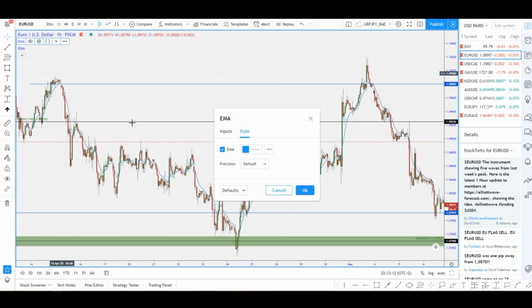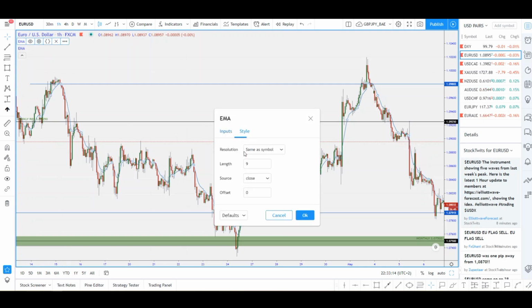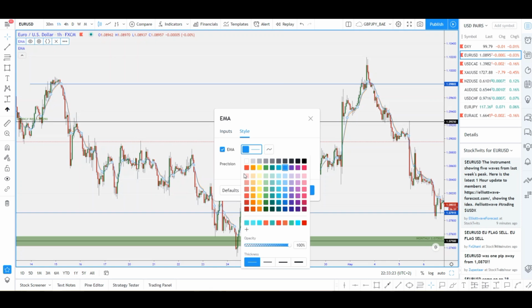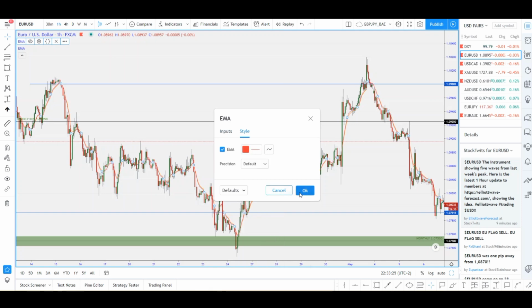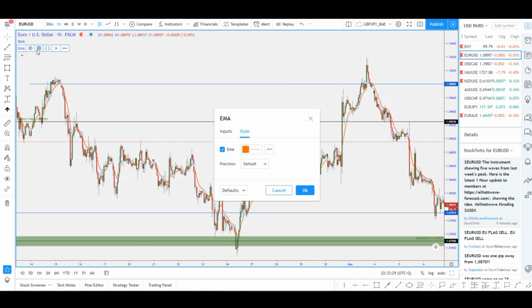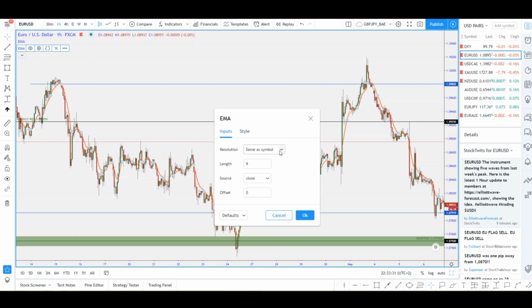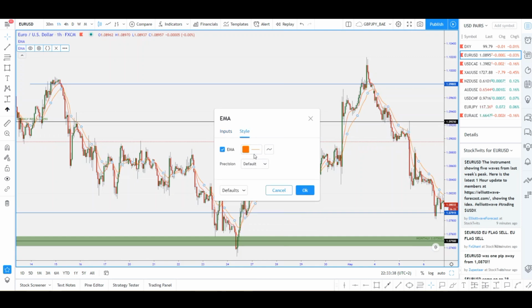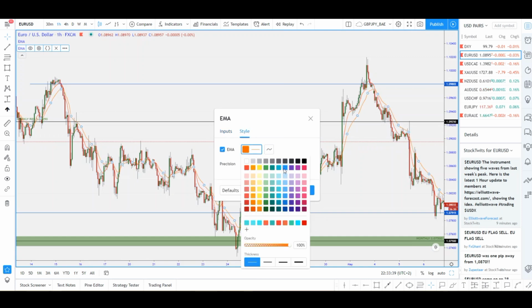Thereafter, you go to settings. The first one will be period 8, and that one will be the red one. All of us will be using the red one, period 8, and then the second one will be period 18, and this one will be blue.